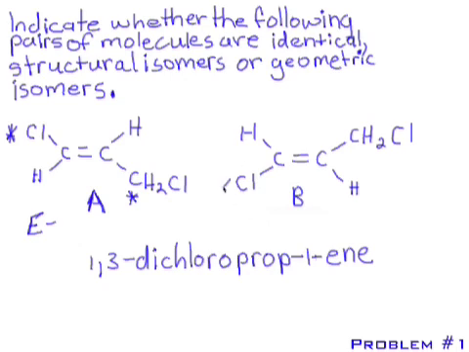Well, if I prioritize again, I get chlorine higher priority than H, carbon's higher priority than H, and again I see the two priority groups on opposite sides of the double bond, so it is E. So there we go. Two E's. Well, clearly, this suggests that A and B are identical. And the correct answer for the first question was identical.